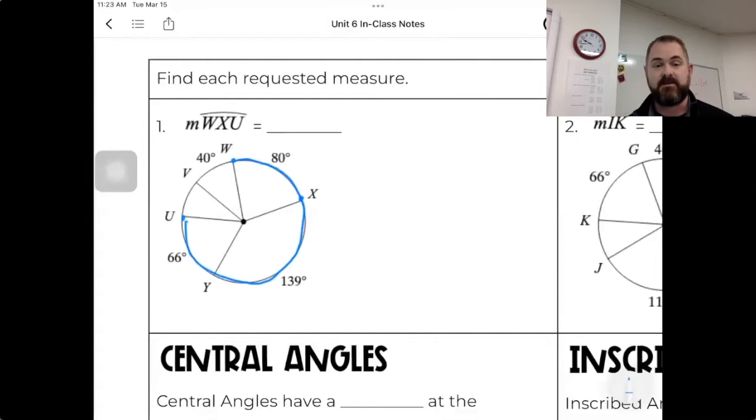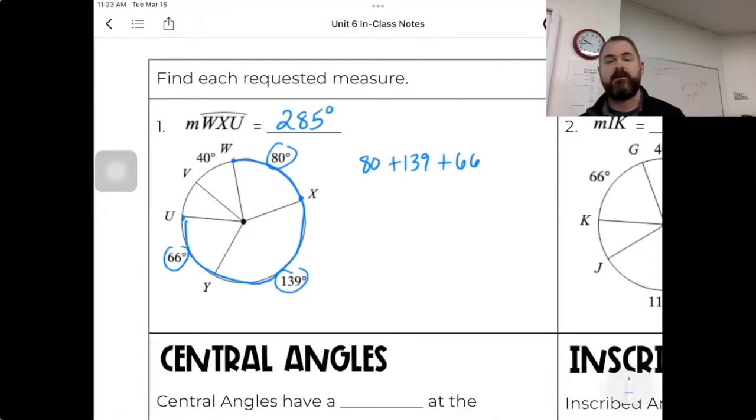So it's not a semicircle, this is a major arc. The sum of this arc would just be these 3 arc measures added together. 80 plus 139 plus 66. When I add those together, you can check this with your calculator, that should add to 285 degrees. So the measure of arc WXU is 285 degrees.